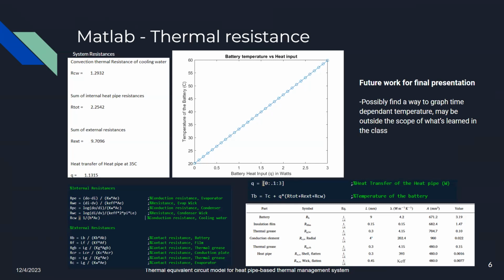And this yielded us a heat transfer total of this pipe of 1.13 watts. Since this number is not usually known, I also graphed a heat input, which should take the Q value and display it along a long range and give us the output temperature of the battery.